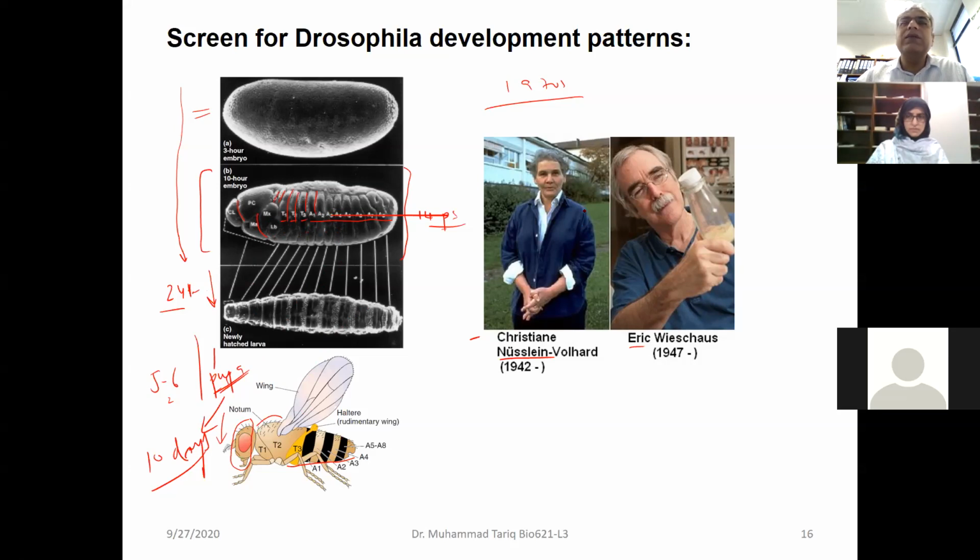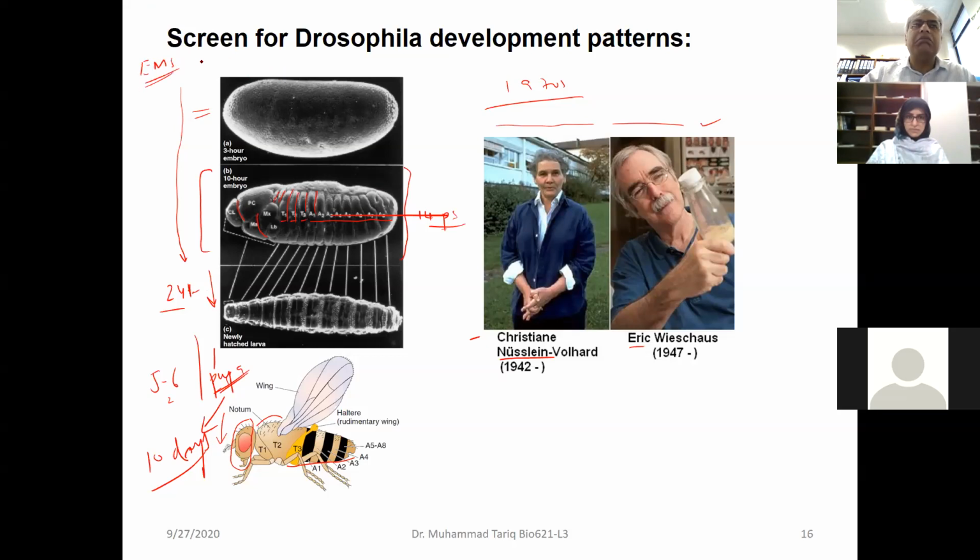Now, these two scientists, Kristen and Eric. Eric is now professor at Princeton, and Kristen, when I last saw her, was director of the Max Planck Institute in Germany. So using a classical genetics approach, what they did, they simply mutagenized flies using EMS.